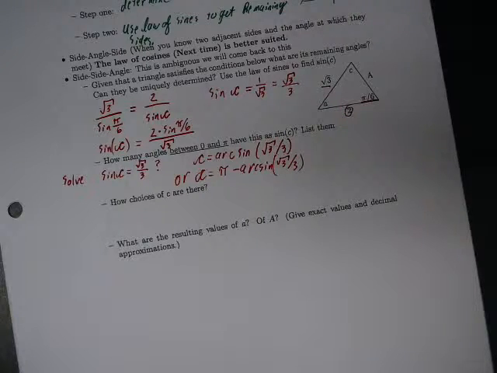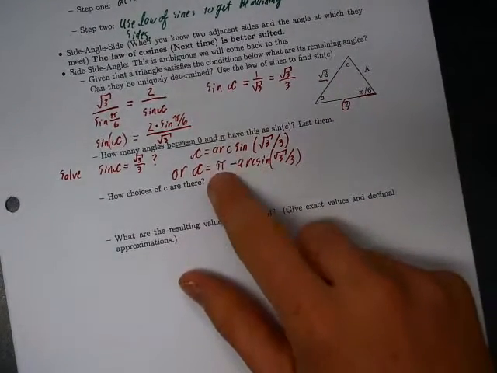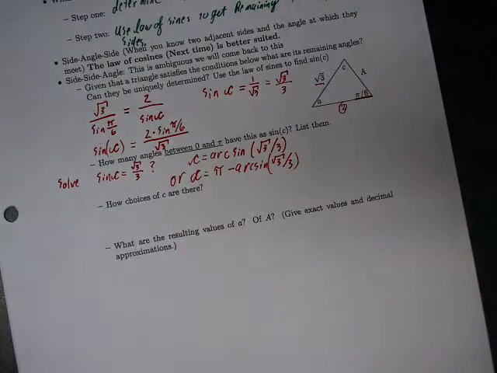So in each of these cases, we'll know what C is. C is one of those two things. For each of those two things, could we determine the angle little a?